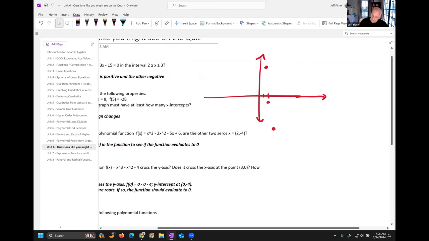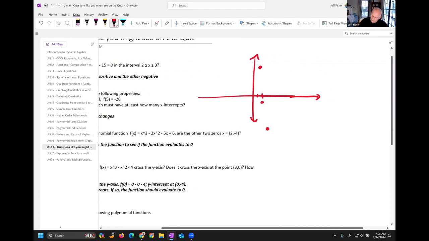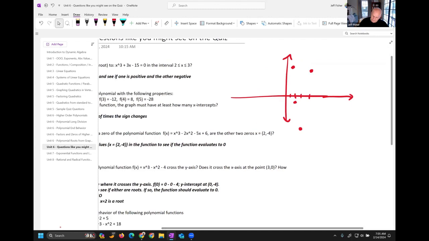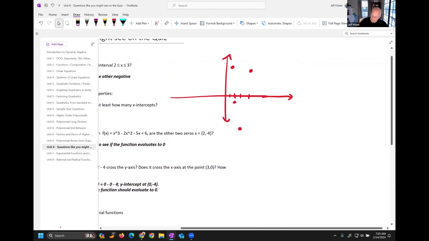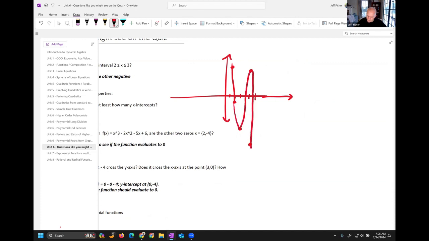F at 4 is 8, up here. And f at 5 is -28, way down here. So what we have is the graph going through here, back up to here, and back down to here.